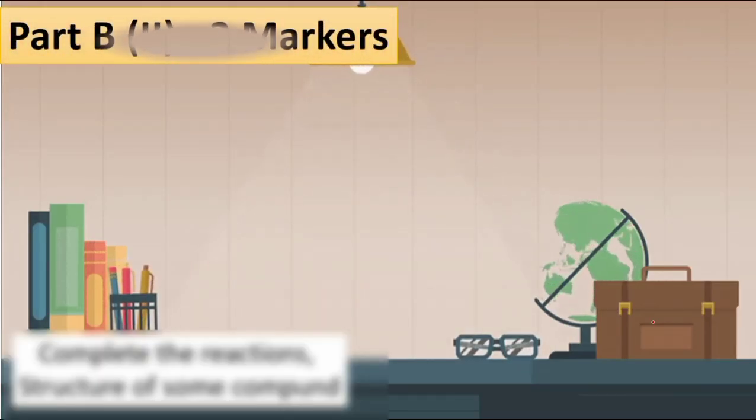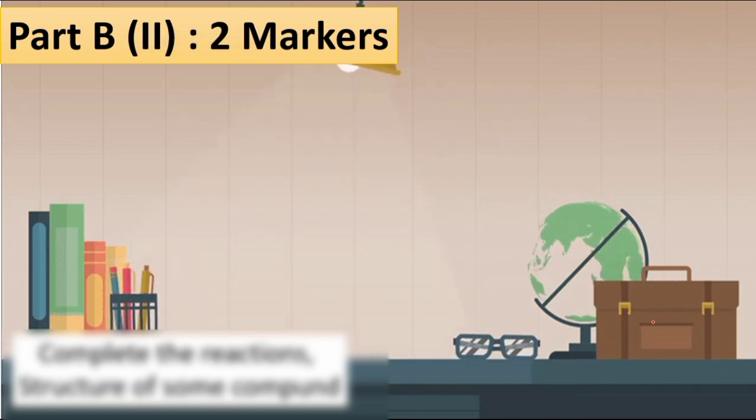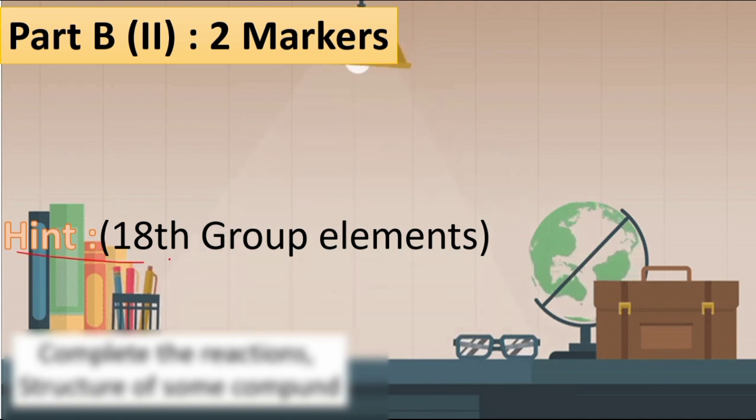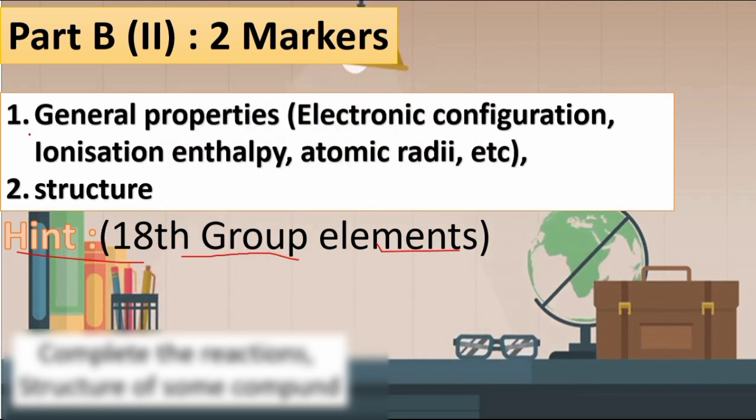Then you have one surprise: for 2 marks and 1 mark questions, they'll ask only 18th group elements. These are the two topics of the 18th group: structure, or general properties like electronic configuration, ionization, atomic radius.